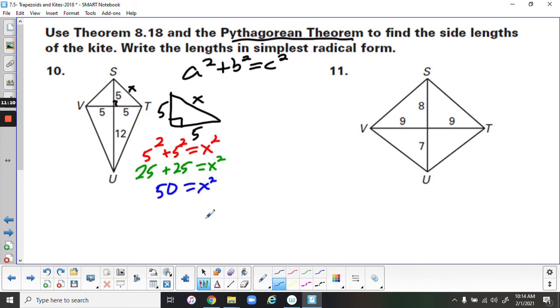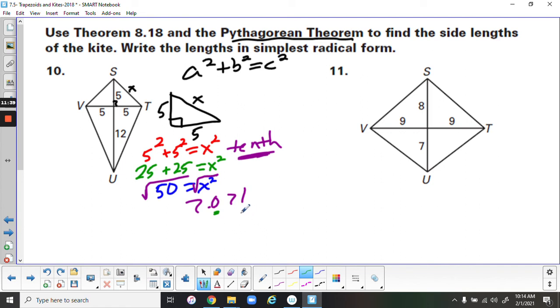And at this step, when you have a number equals x squared, I'm going to take the square root of both sides. We're going to round to the tenth. So when I take the square root of 50 on my calculator, I get 7.071. If I'm going to round to the tenth, how do I do that? The 0 is in the tenth spot.